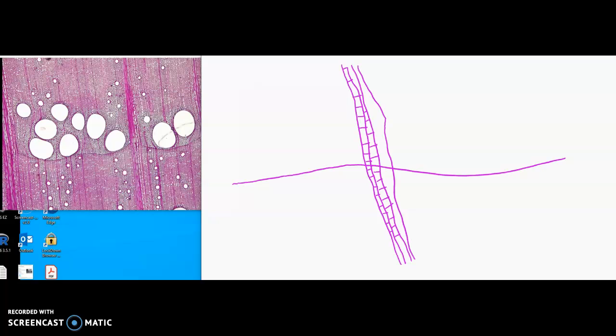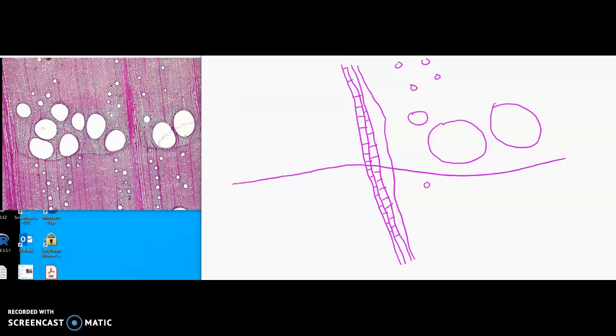We have really large vessel elements on one side of our slice, and they get a little smaller fairly quickly, but still much larger than the tracheids and fibers.